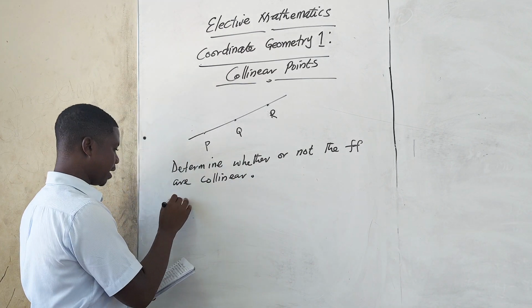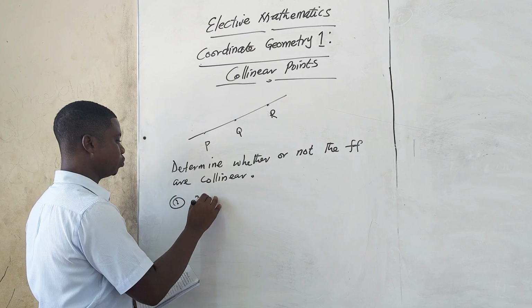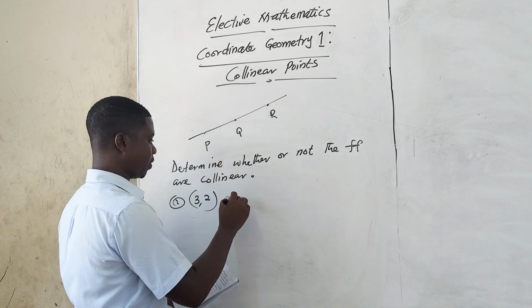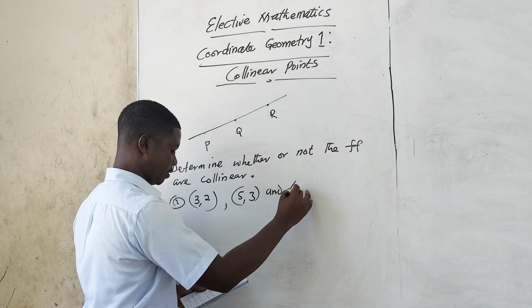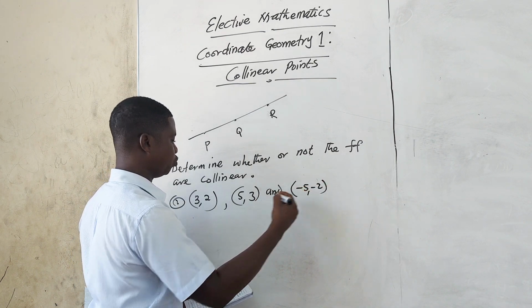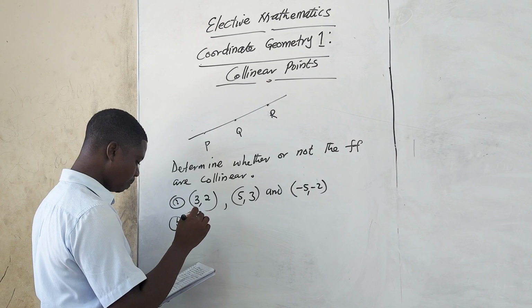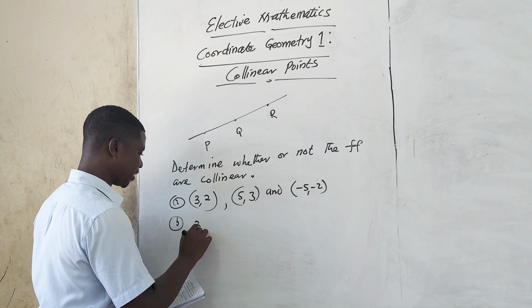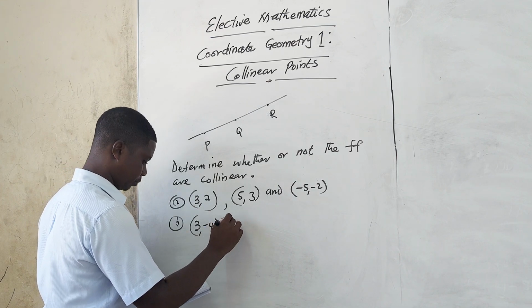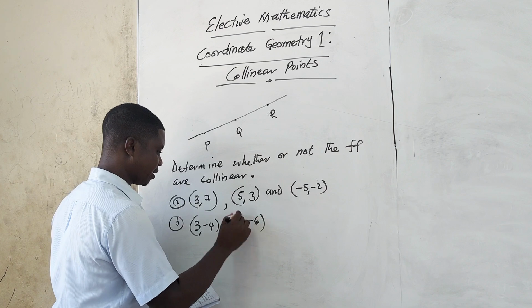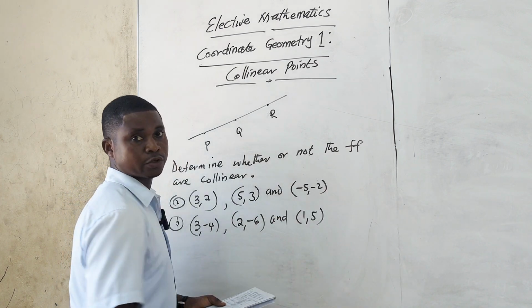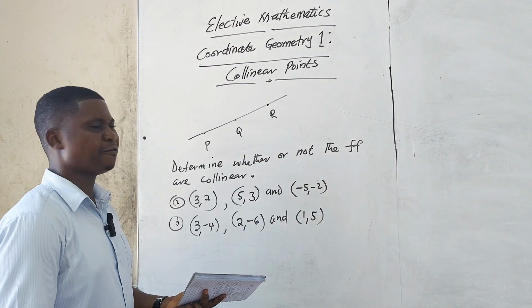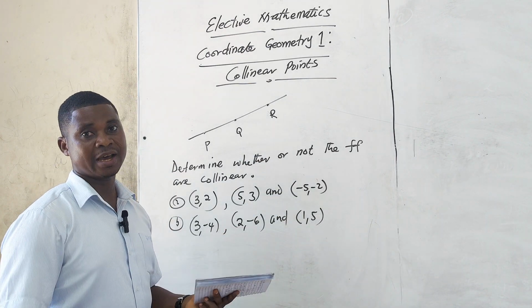So A, we have (3, 2), (5, 3), and (-5, -2). Then B, we have (3, -4), (2, -6), and (1, 5). So we are going to consider these points and find out if they are collinear.